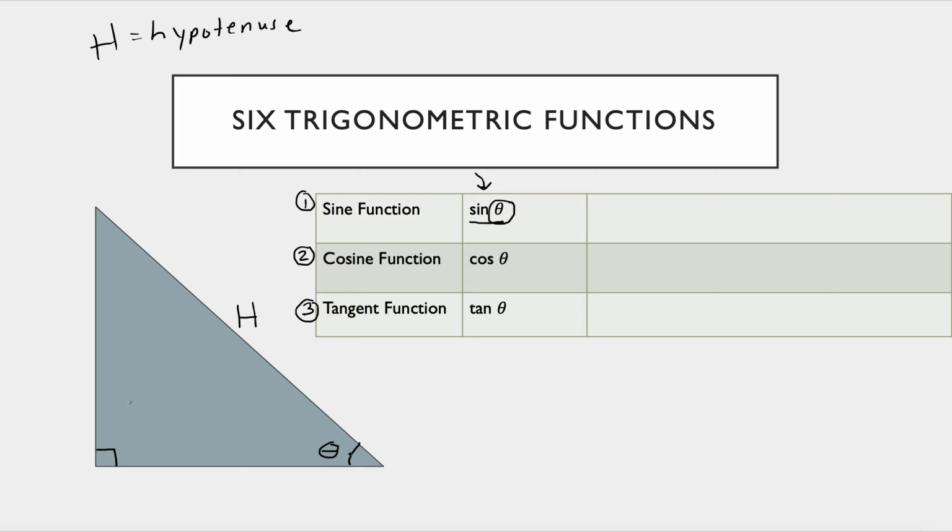Now, when I look at my angle theta, I'm going to trace across my triangle to the side opposite that. This is going to be my opposite side, and I'm just going to use O for opposite.